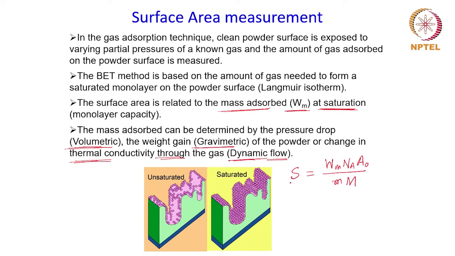Where AS is the specific surface area, Na is Avogadro's number, A naught is the average occupational area of a gas molecule.